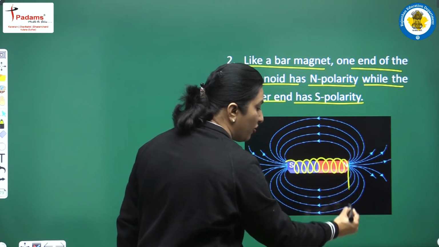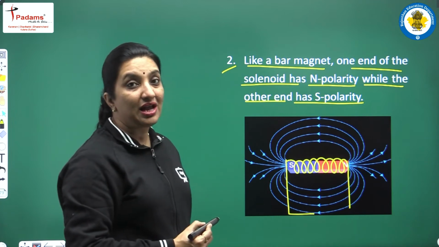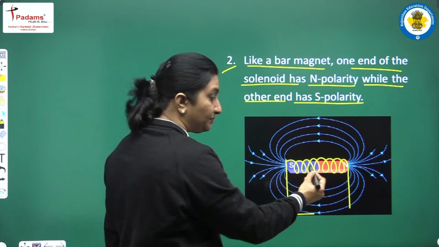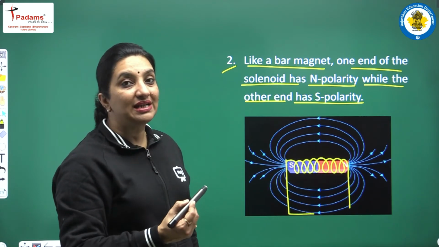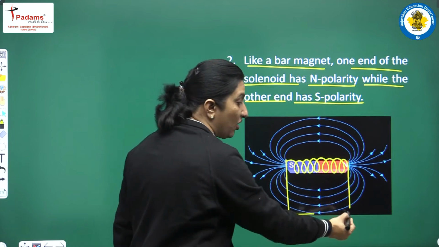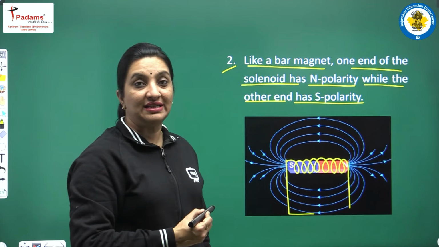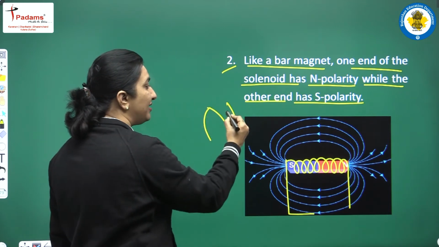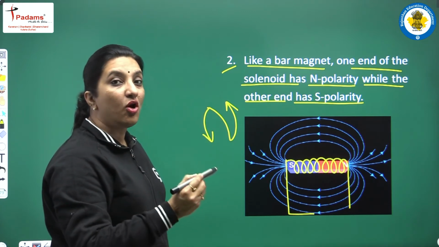So for the solenoid also what we see is that the magnetic field lines are almost the same, and as we know that here the north polarity and the south polarity depends upon the direction of the current. Now here if we want to have the north polarity, then we know that we have learnt this, that the north pole constitutes anti-clockwise current.